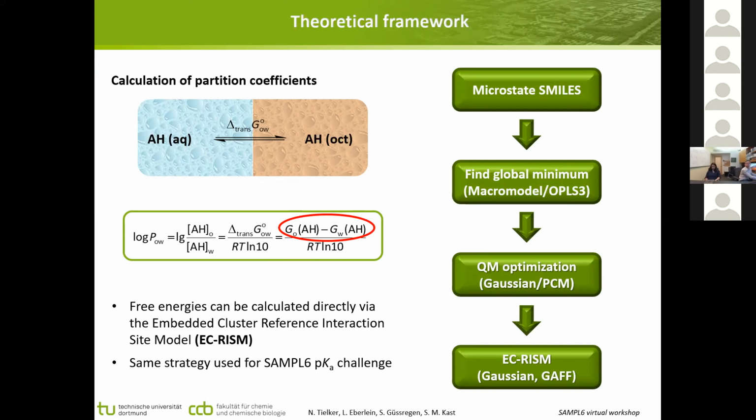To do that, we use the embedded cluster reference interaction site model, short EC-RISM, which we also used with varying success in SAMPL5 and especially the SAMPL6 pKa challenge. We also have to do some conformational sampling, but there we stayed with the same methods we used during the pKa challenge, which is why I don't want to talk about that today. It's already published. I mostly want to talk about the challenges with the solvent octanol and some things we learned from this challenge in particular.